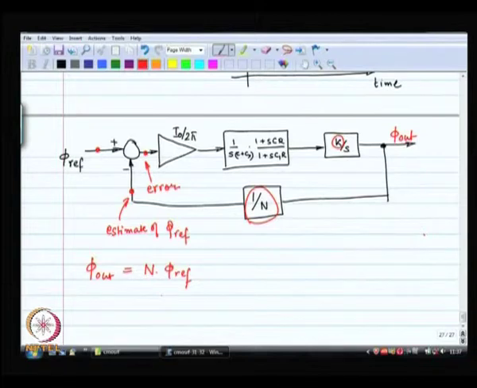Right. So, nothing drastic, it is just that phi out now has to be n times phi ref.